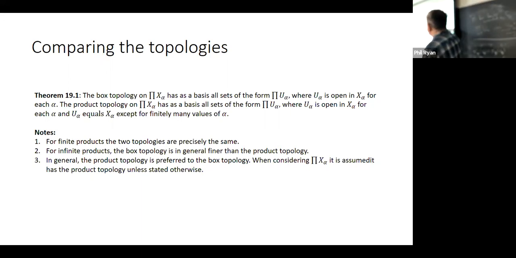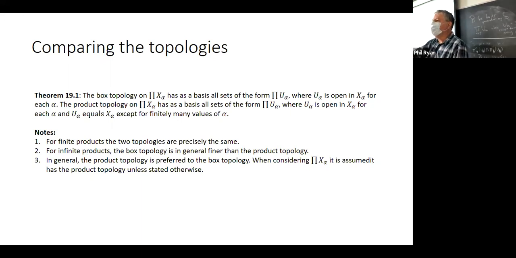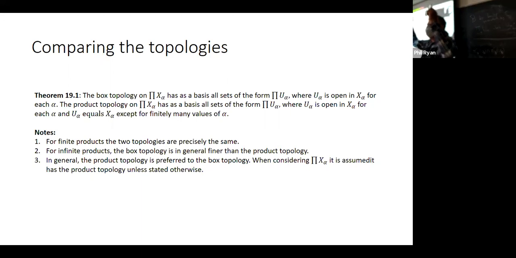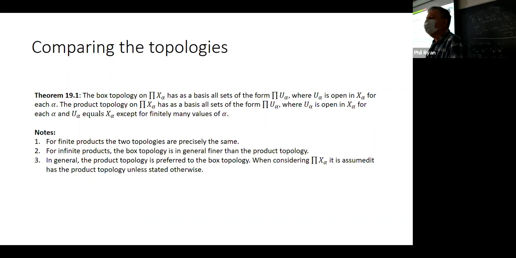So in the product of indiscrete topologies, the open sets are either the empty set or the whole set. So we can't say strictly contains in any given case. Yeah. So anyway, that's just one of the annoying things. But in general, that's not going to be the case.